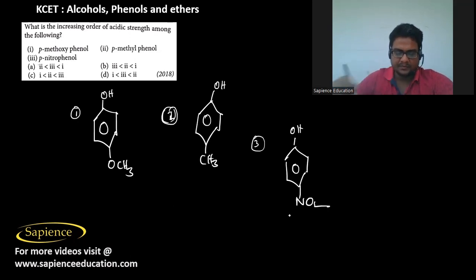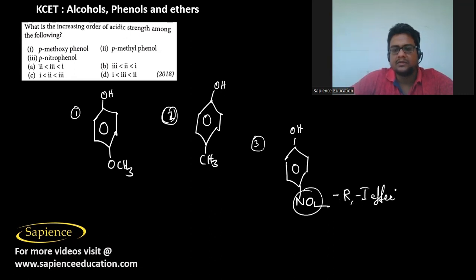So now here this nitro group, it will have minus R effect and minus I effect. So it will decrease the electron density in the benzene ring. So hence this hydrogen is the most acidic. From here H plus can very easily come out.